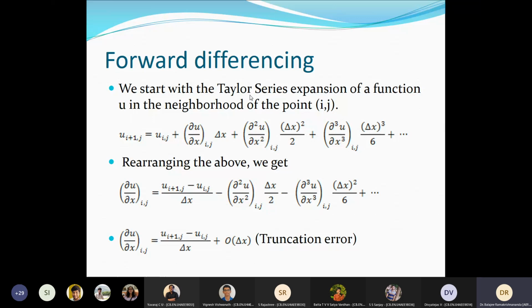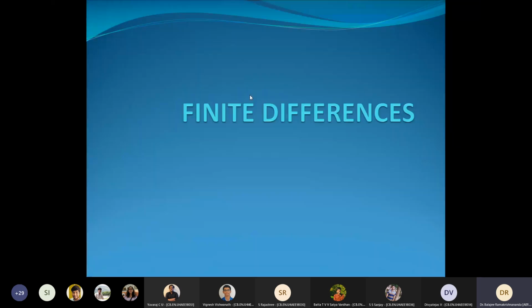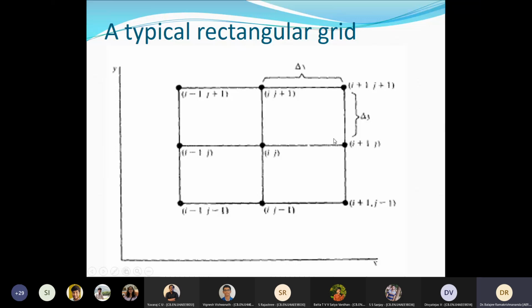So u at I plus 1 comma j means the value of the dependent variable u at the point I plus 1 comma j. So this point, we are talking of the value of u at this point. How is it related to the value of u at I comma j at this point? What is the relationship between these two? So analytically, I can call this u of x. Here I can call it u of x plus delta x, which we'll use in the Taylor series.